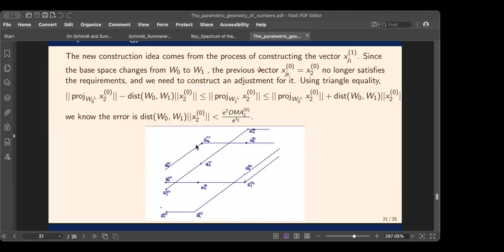To construct the vector xli, I use the same method given by Roa, and the only new idea comes when we construct the vector xji, because in Roa's setting, for example n equals 4, the subspace W is 3-dimensional.